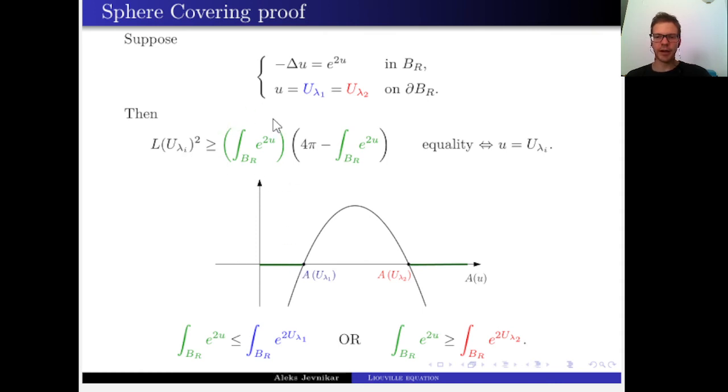So the total integral of the exponential needs to be either less than the area of the smaller spherical cap, or bigger than the area of the bigger spherical cap. So each solution which agrees on the boundary with the spherical caps needs to satisfy this alternative.